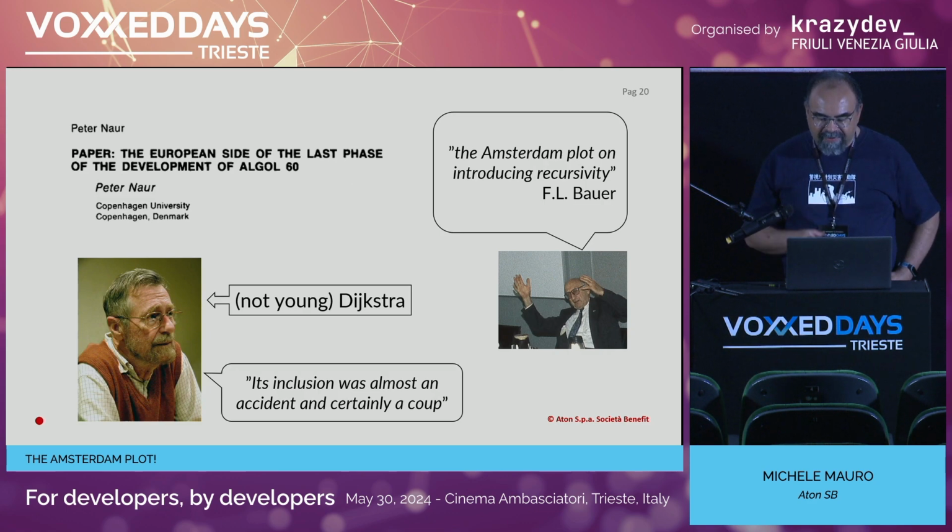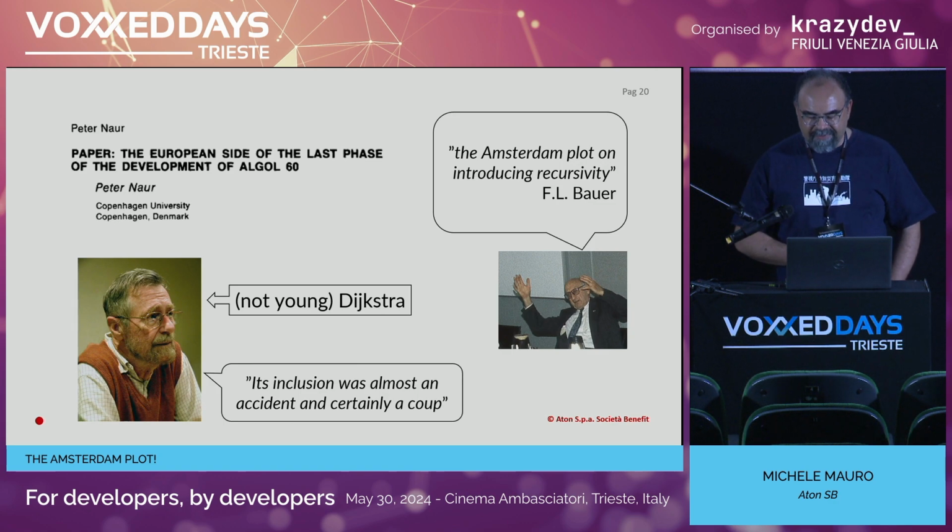In fact, we have F.L. Bauer that called the phone call episode the Amsterdam Plot on introducing recursivity. Even later, Dijkstra admitted its inclusion was almost an accident, certainly a coup.